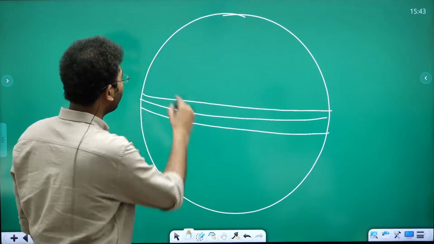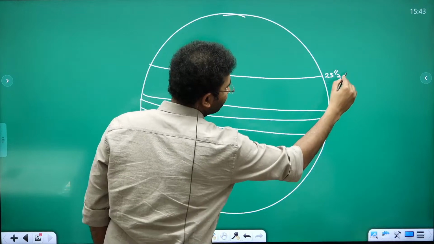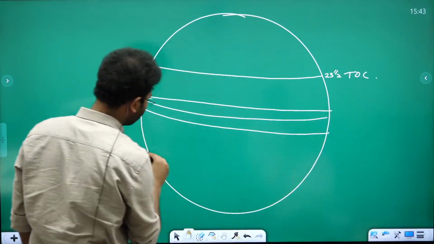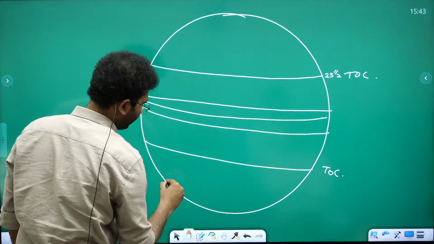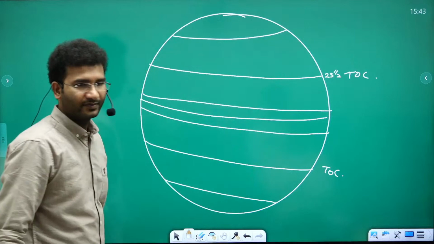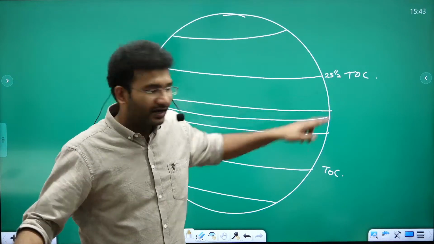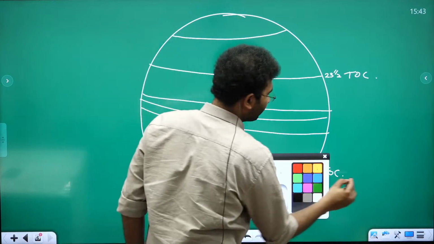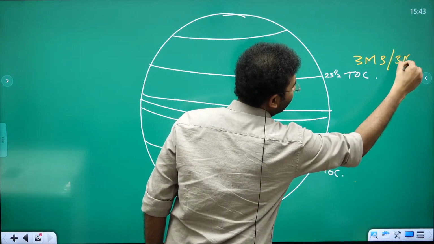You look at 23.5 degrees latitude, the Tropic of Cancer, and the Tropic of Capricorn. And then you have the Antarctic Circle and the Arctic Circle, right? At the Tropic of Cancer, you have 3 months of summer and 3 months of winter.